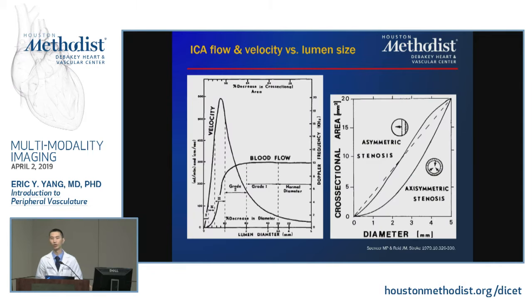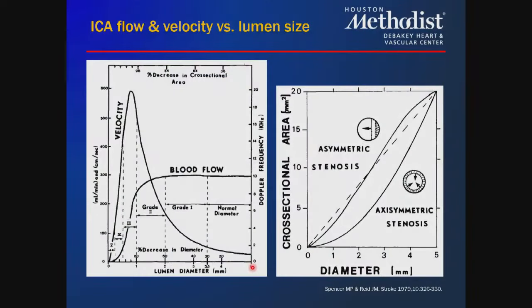Physiologically, this has been shown way back when, almost 4 decades ago, by Spencer et al. They showed that as the lumen diameter decreased, so lumen diameter being wide open on the right of the screen and decreasing to the left, there's an initial increase in peak systolic velocity before it plummets, and the blood flow actually is maintained up until you get about 70–80% or so, and that's when it becomes truly flow limiting as well.